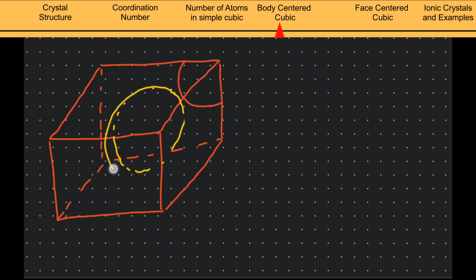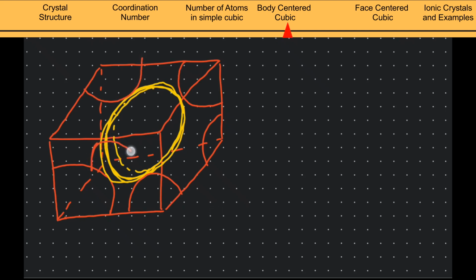I don't want to draw it very big. And we have another atom here, and they touch each other actually. But the corner atoms don't touch each other. Okay, and there is also another atom here.